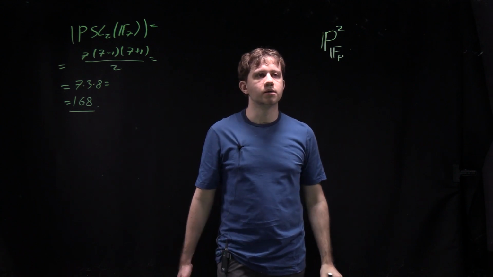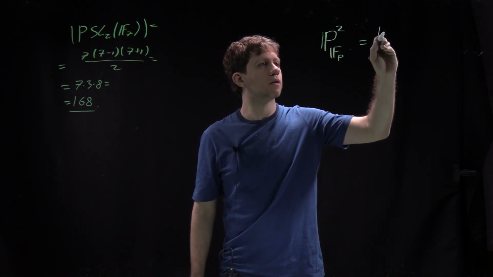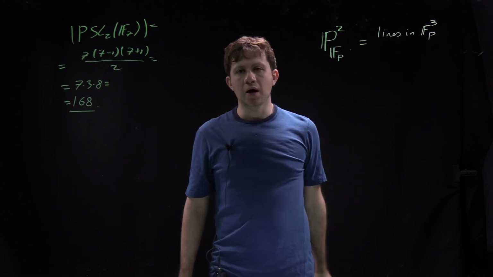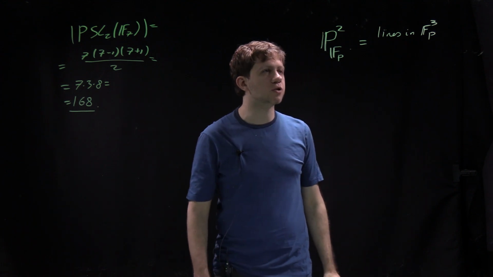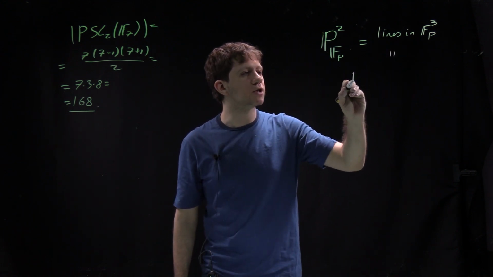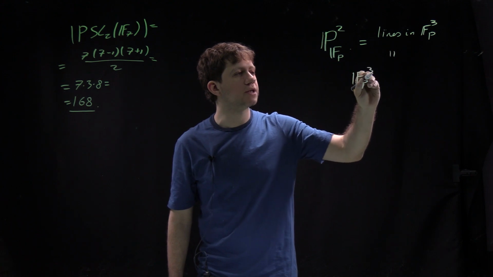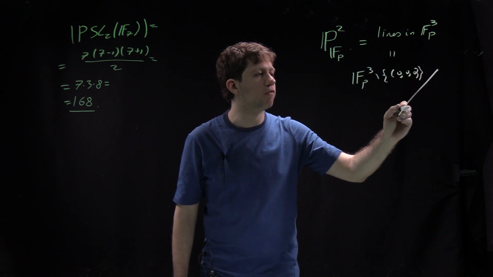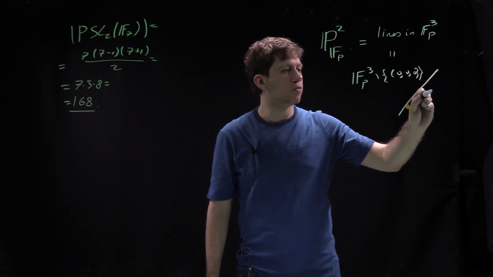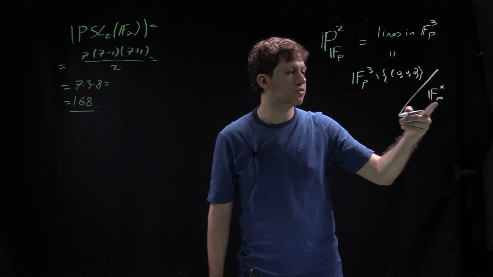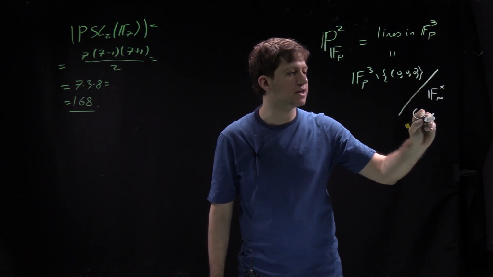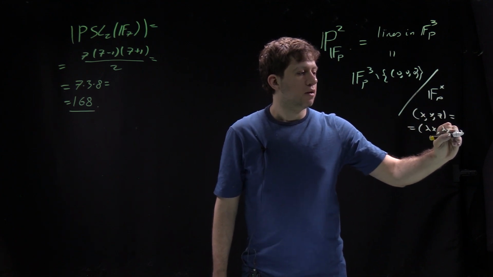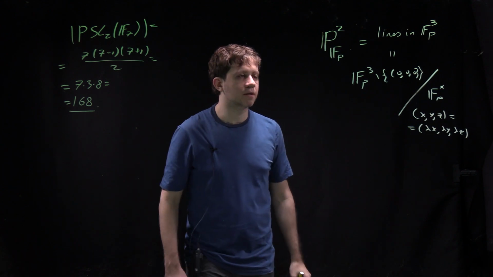So these are lines in Fp cubed. The simplest way to count them is to just use the logic we did. As a set, you take all vectors except the 0 vector, and then you factor over the equivalence relation where (x, y, z) is the same as lambda (x, y, z), with lambda in Fp cross.